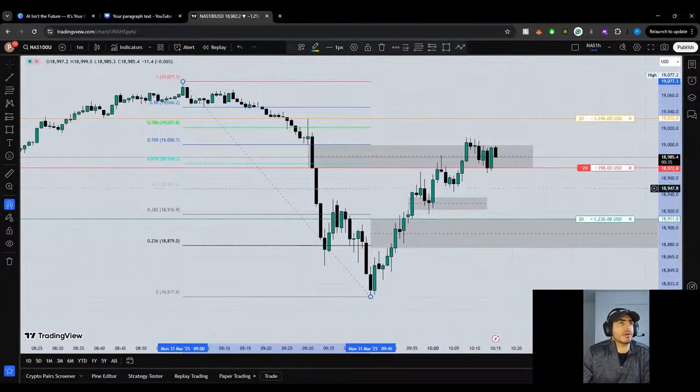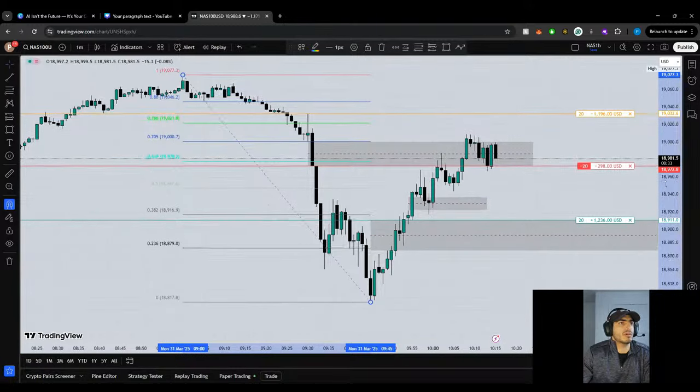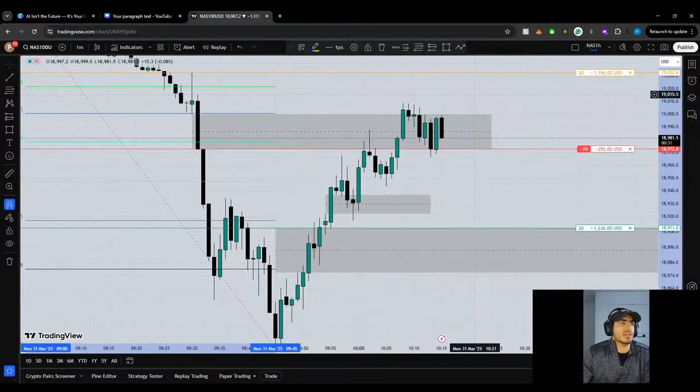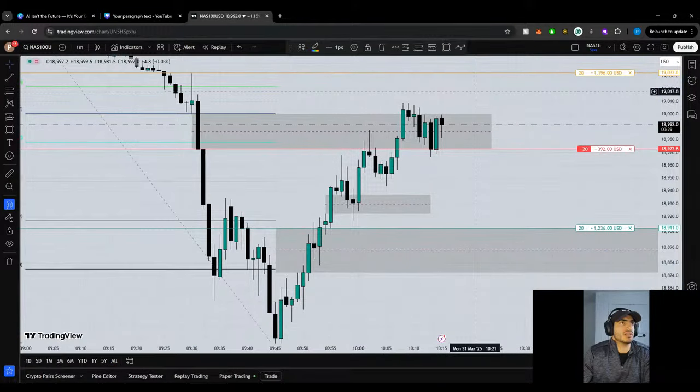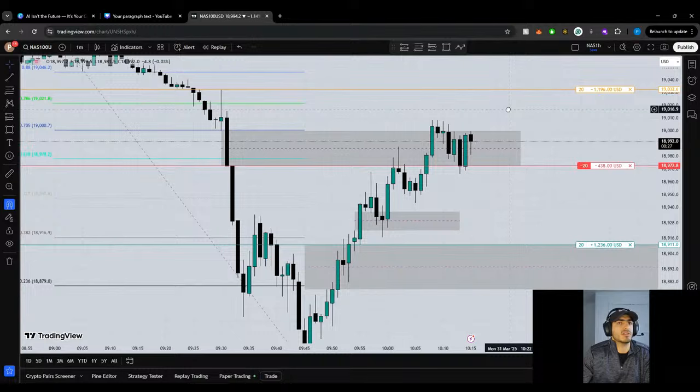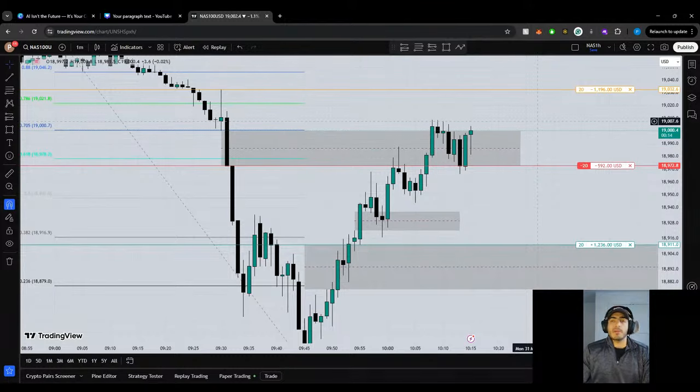It's really important to make arguments of why it would take you out versus why should I stay in, you know, because it gives you validation for your trade or invalidation. But at the same time, I did establish a stop loss and a take profit.